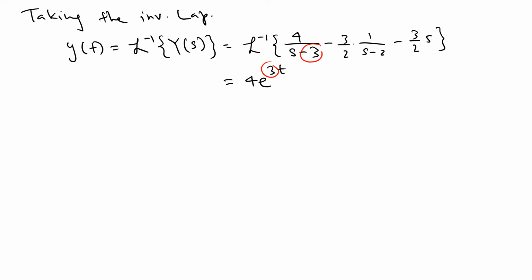And then we have negative 3 halves e to the opposite sign, 2t. And then minus 1 over s, okay, it's not s, it's 1 over s. So 1 over s means 1, so you're going to get 3 halves. So that is the solution to the initial value problem, because the initial condition has already been taken care of. You don't have to do that extra.